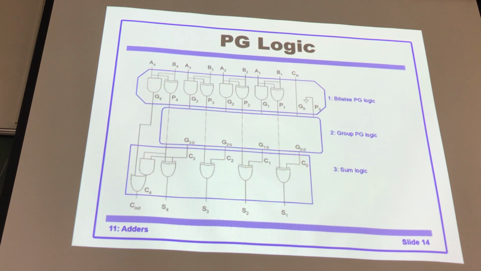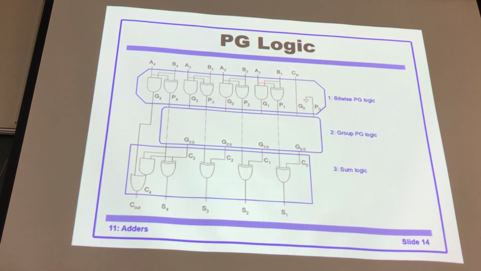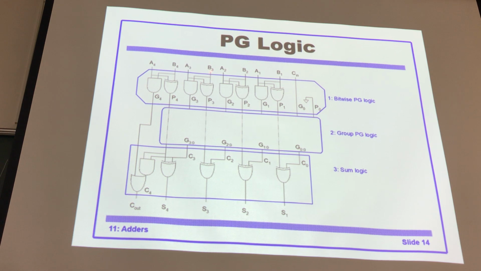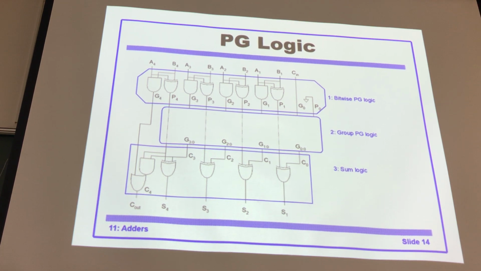So now, here's the circuit. Look at A1, B1, A2, B2, A3, B3, A4, B4. Each bit position from 1, 2, 3, 4. Carry in coming from bit position 0. And as I said, carry generate is an AND gate, A and B here.